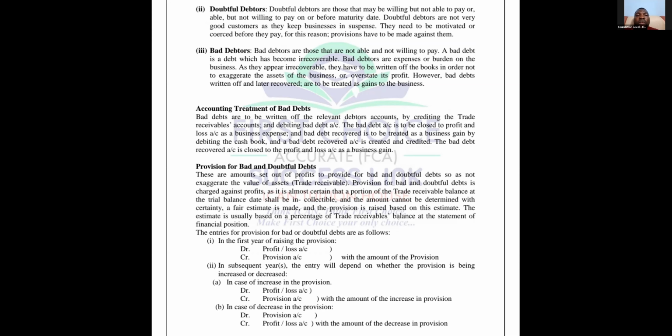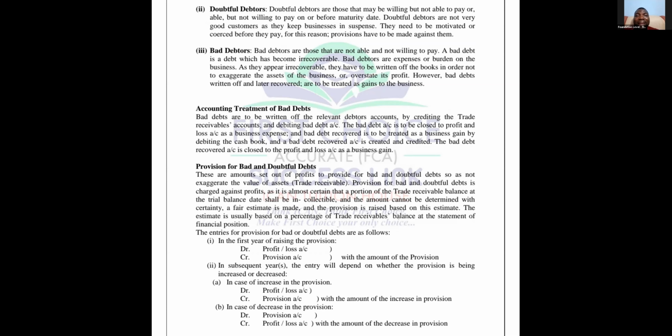Now, if you have made sales and you have debited your trade receivables, then the money that you're expecting refuses to come in. You now notice that maybe the debtor is bankrupt, or there is inability of the debtor to actually pay. So you want to write it off.